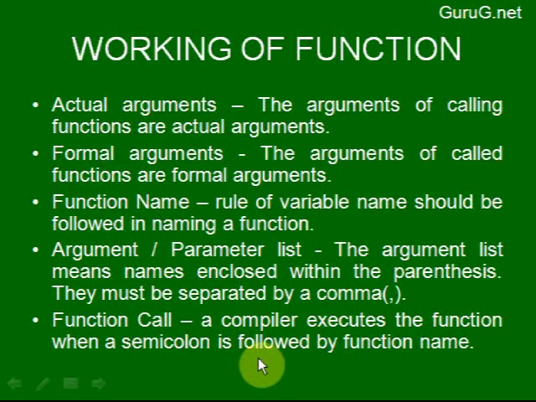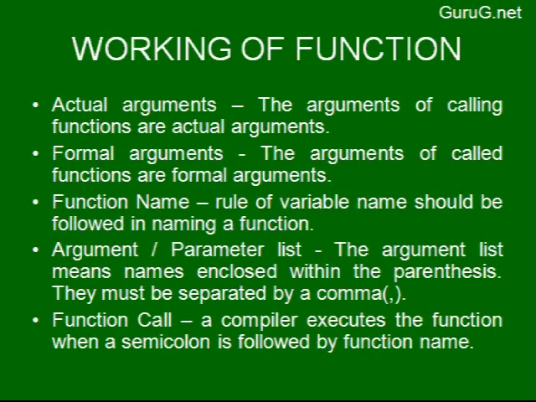Now we will see working of function. These are the parameters as we had discussed previously: actual arguments, formal arguments, function name, argument and parameter list, and function call. These are the explanations required for a function.